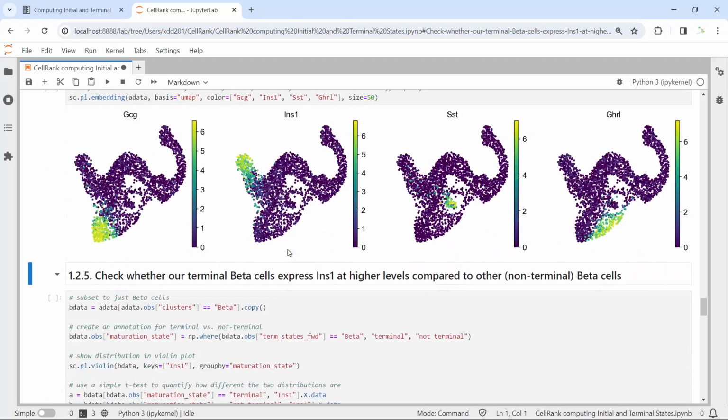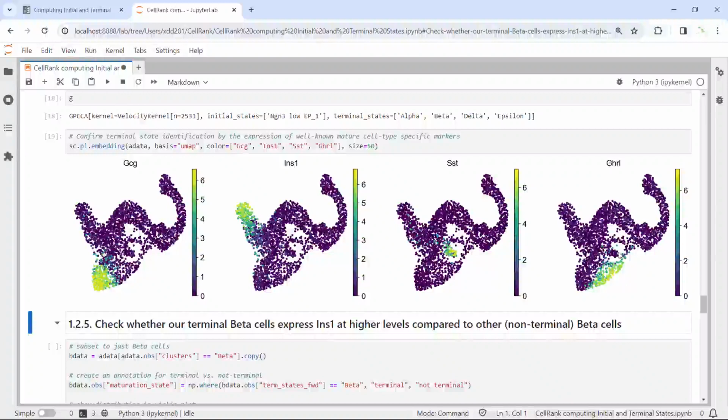You can see glucagon is the marker gene for alpha cells, insulin is the marker gene for beta cells, somatostatin is the marker gene for delta cells, and ghrelin is the marker gene for epsilon cells. From the marker gene expression, we know we identified the correct terminal state cell clusters.